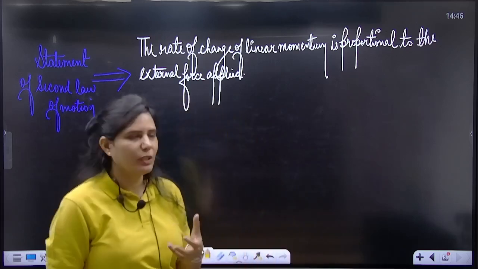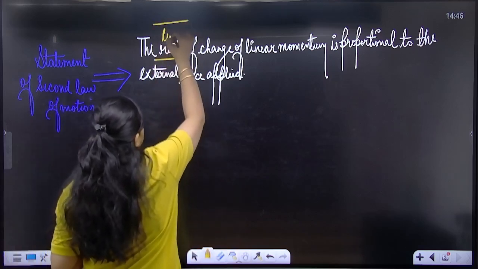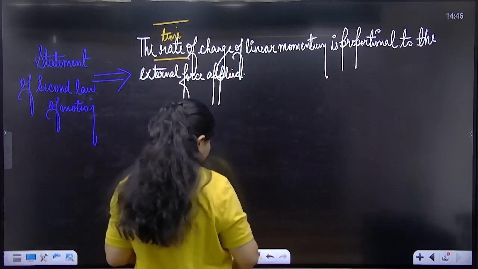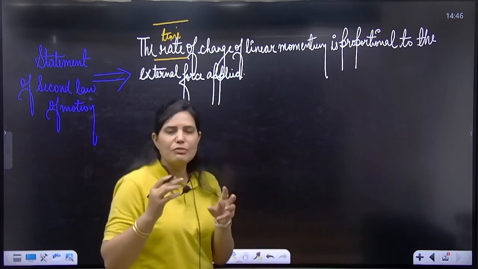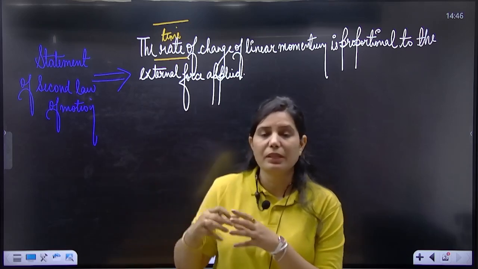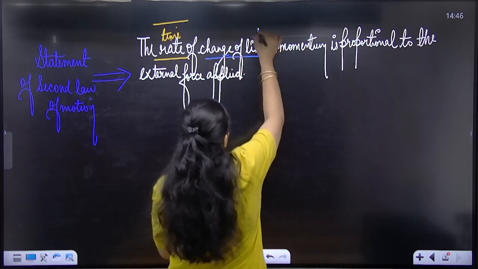Let's check word by word. You know that this rate means upon time, right? And the change is always between two quantities, right? That means there must be a final momentum and there must be an initial momentum, right? So this change is between two quantities.